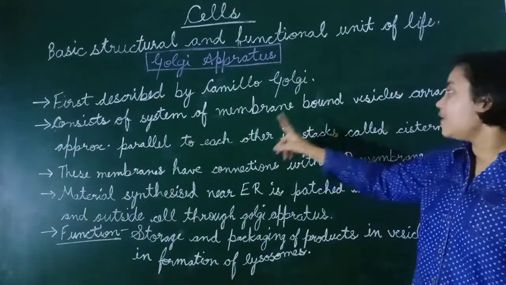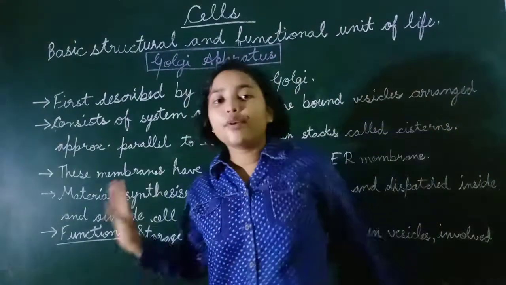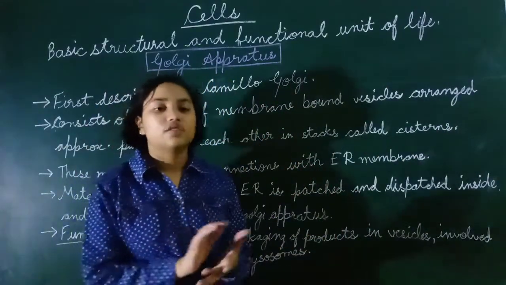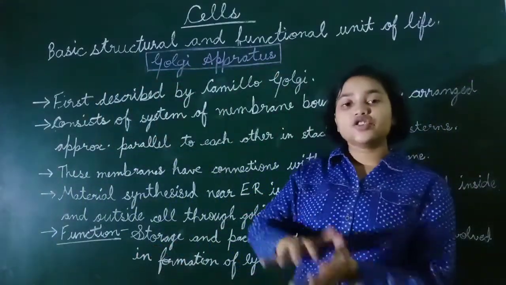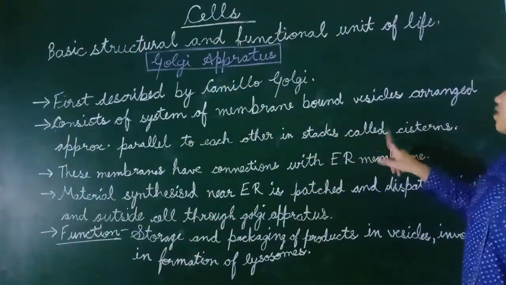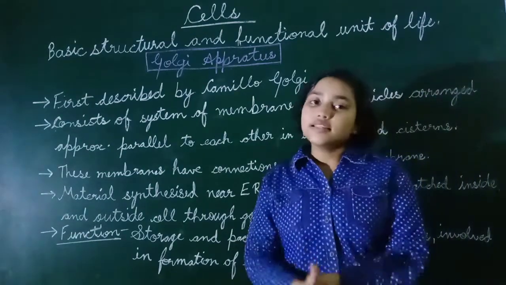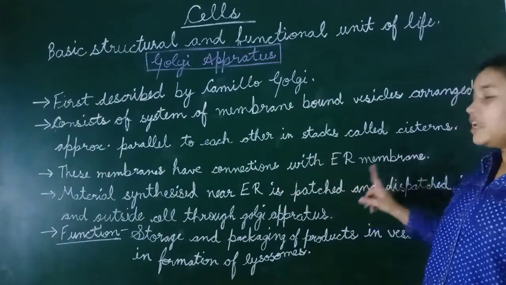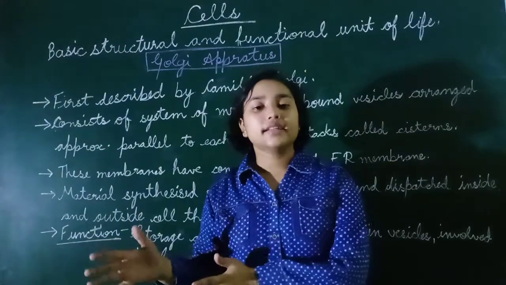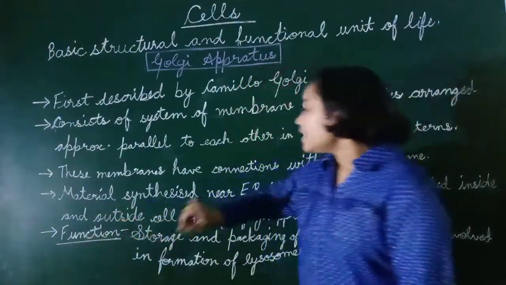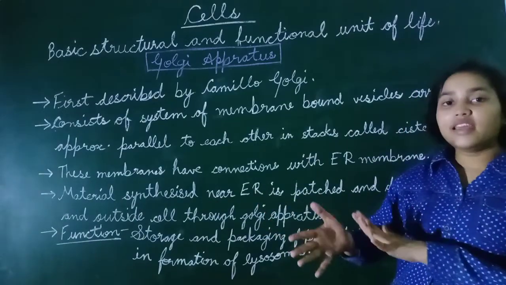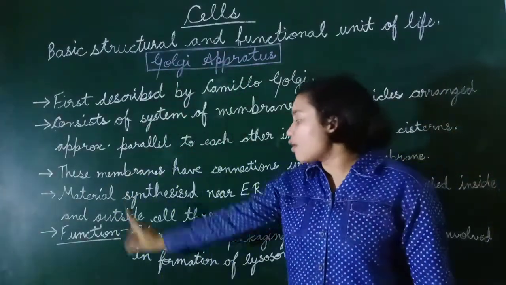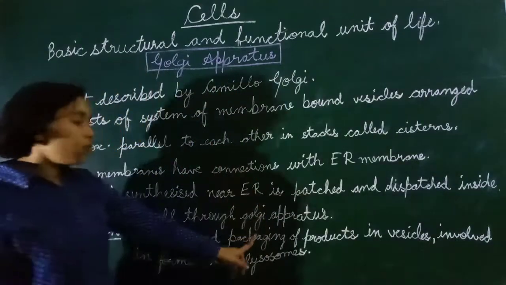It consists of a system of membrane-bound vesicles arranged approximately parallel to each other in stacks called cisternae. Materials synthesized near the ER are dispatched inside and outside the cell through the Golgi apparatus.